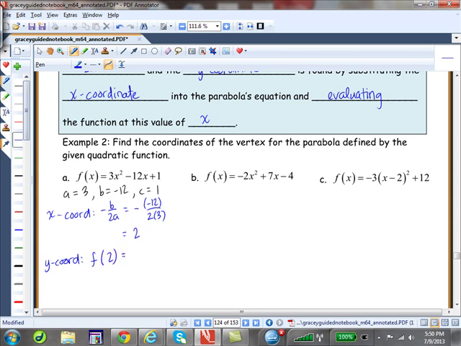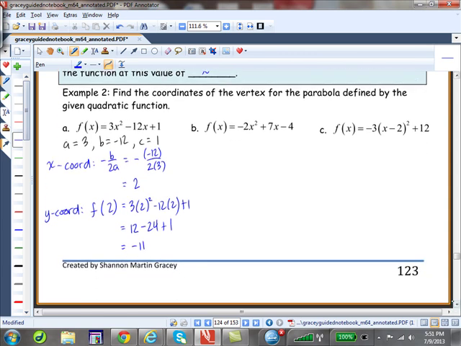In this case, it was 2. So then you get 3 times 2 squared minus 12 times 2 plus 1. So this will be 12 minus 24 plus 1, which is negative 11. So your vertex is 2, negative 11.